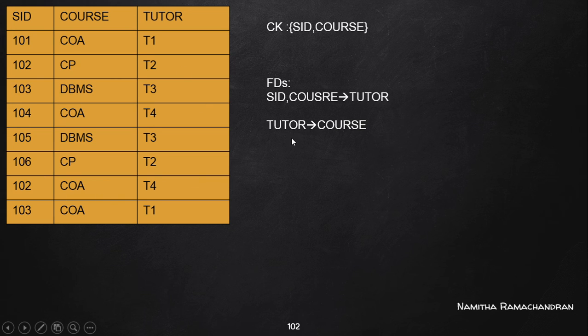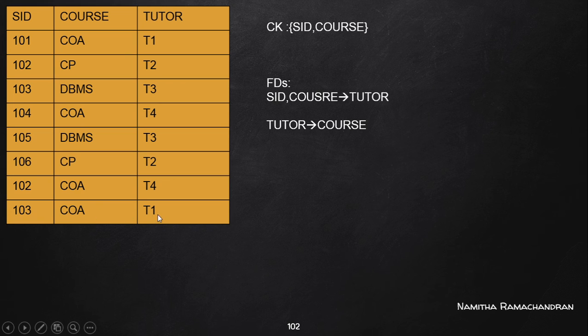Now consider this. Tutor derives course. That means if you are given the tutor information, we can uniquely identify the course handled by that tutor. If the tutor ID is T1, T1 points only to COA.